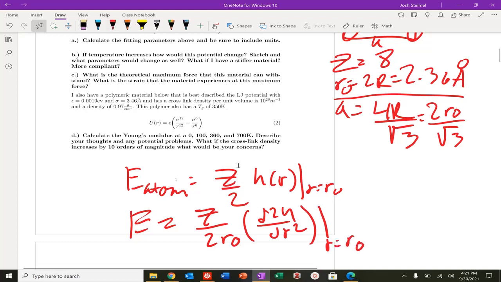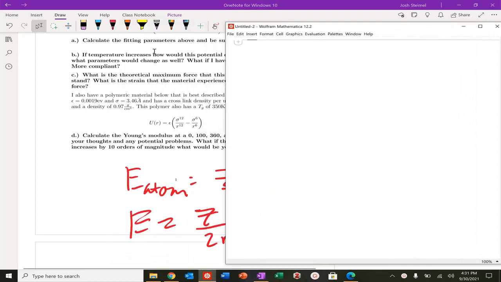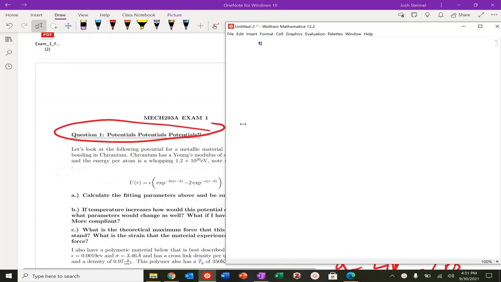With this expression, I could start to solve using my Mathematica notebook. So we open up Mathematica, and now we can start to solve through this problem. I've got my potential here. Let me zoom in for the viewers.